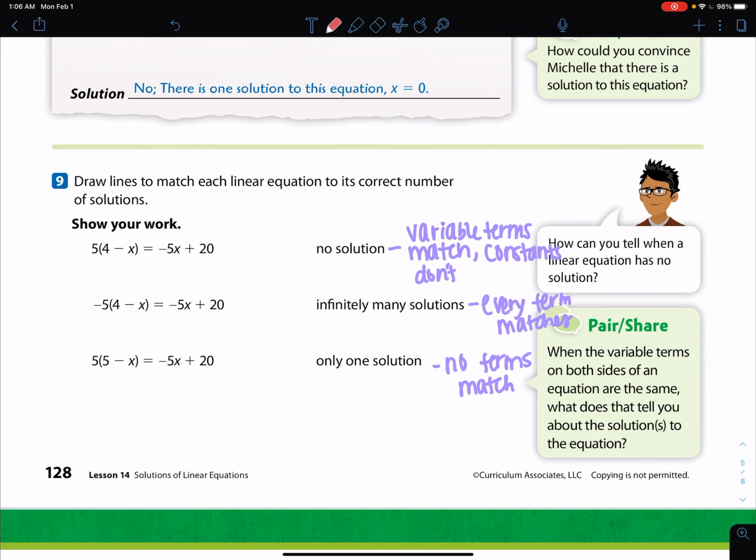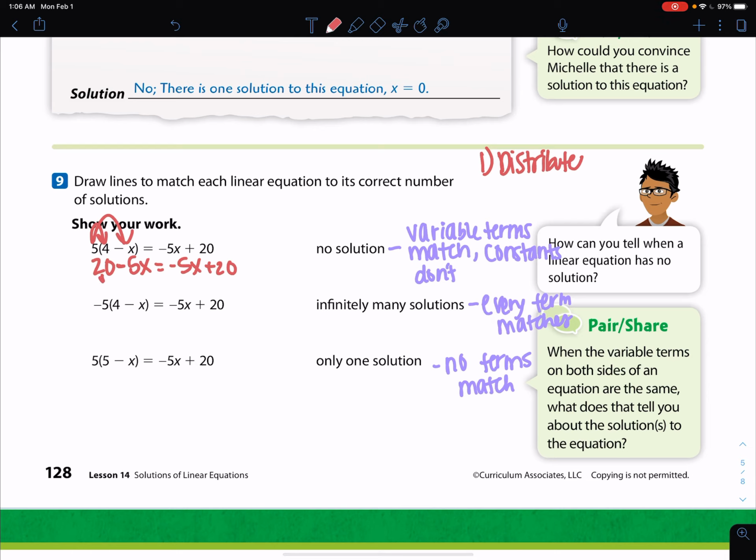So what we're going to do first is distribute. 5 times 4 is 20, and then 5 times negative x is negative 5x. Since I have these two terms, I can use keep, change, so I can have addition as well.